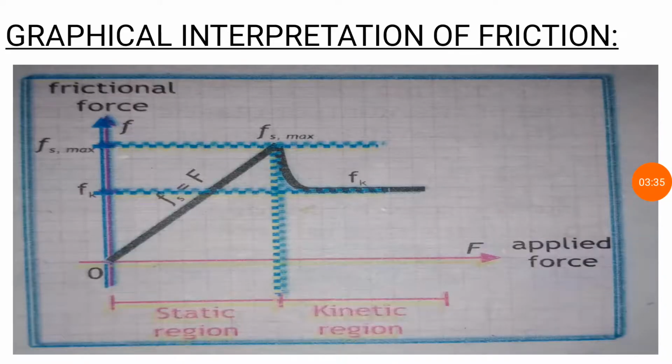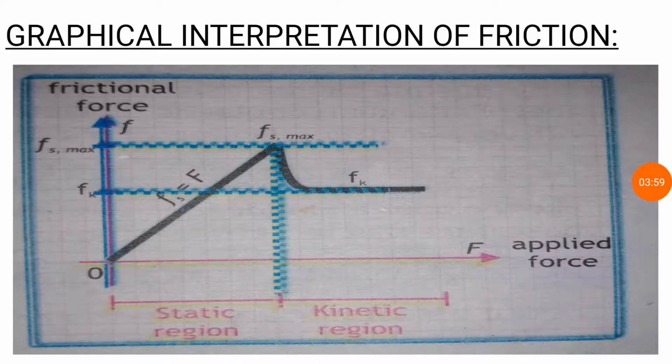Now, when we see the graphical interpretation of friction, in this graph, it is drawn between applied force F and the friction f. It shows that by increasing the applied force, static friction Fs also increases until it reaches a certain maximum value called limiting force, that is Fs.